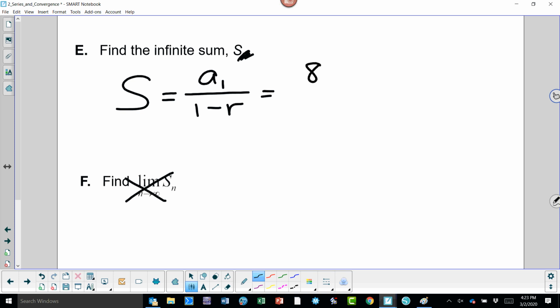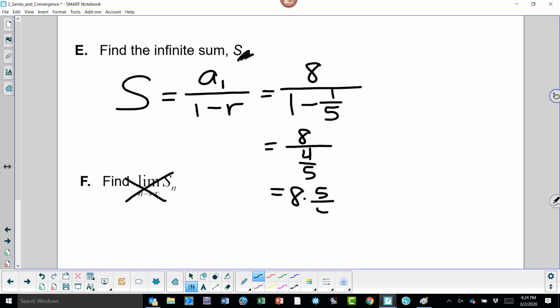The first term was 8, 1 minus the ratio, which was 1/5. So we have 8 over 4/5. Flip over your 4/5, and you're going to get 8 times 5/4. 4 goes into 8 twice. 2 times 5 is 10. So this is the answer.